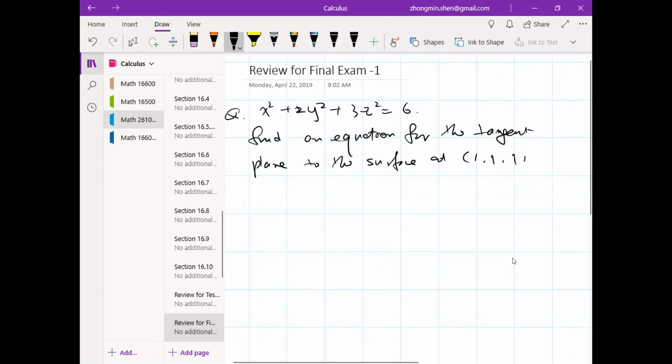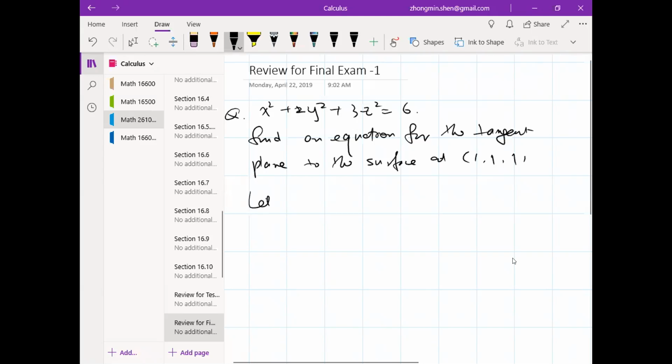Now, there are many ways to find the tangent plane. If it's the graph of some function, then we have a formula for the tangent plane to the graph of a function, which we already learned, I think in Math 160, in the earliest chapters. Here, the surface described is actually just the level surface of a function.